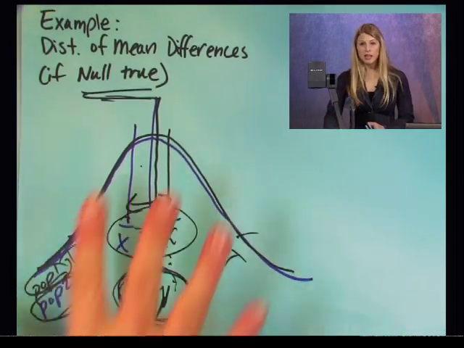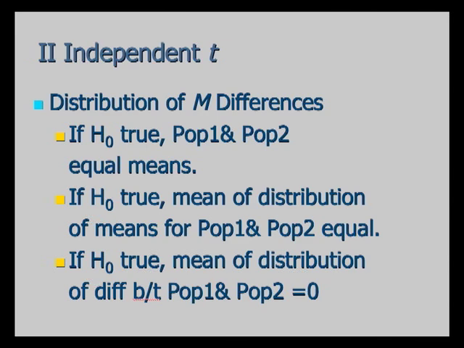So, taking that information and going back to some concepts about the distribution of mean differences if the null is true: if the null is true, population 1 and population 2 have equal means. Now remember, we never know this because that's what we're testing. We're testing with the sample information about the populations. But if the null is true, both means are identical.